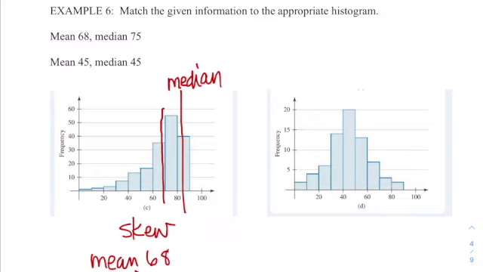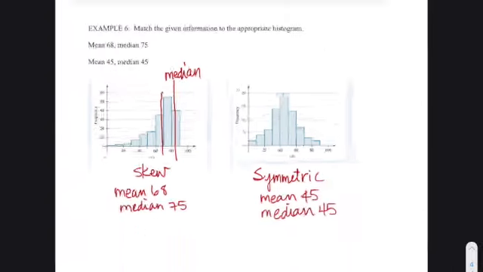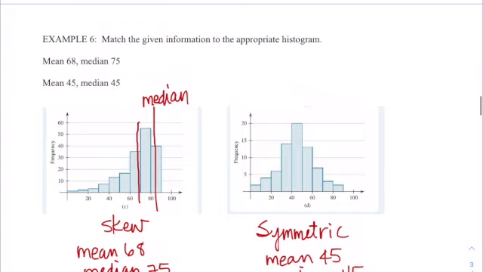So this one is going to be symmetrical, and the mean is going to be around 45, and so is the median at 45. Okay, this will conclude our section 4.1.